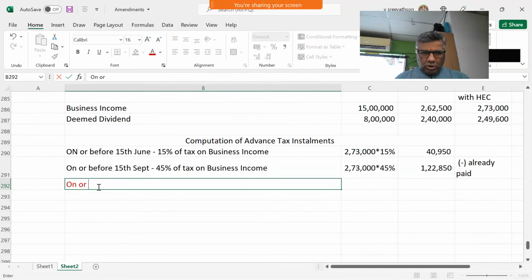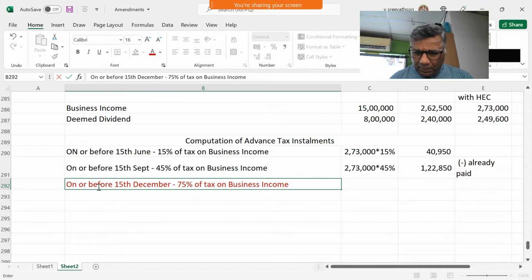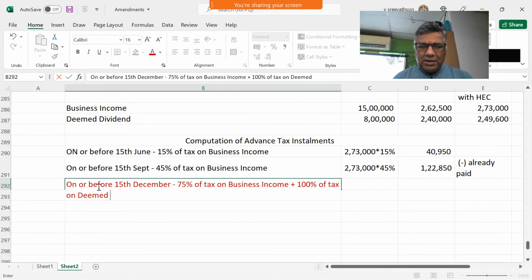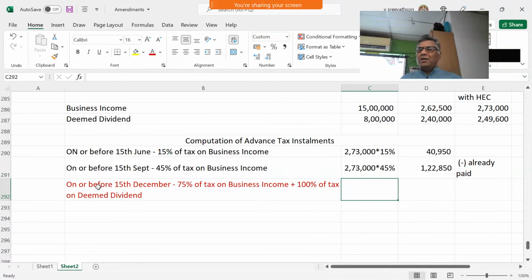On or before 15th December, 75% of tax on business income plus 100% of tax on deemed dividend, because there is no more estimation.